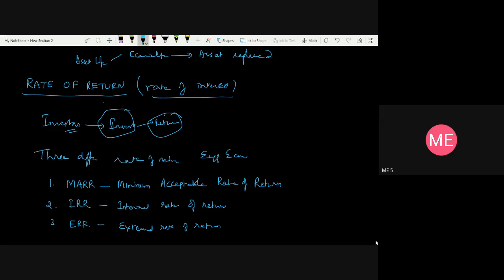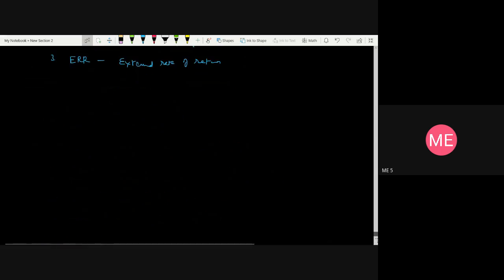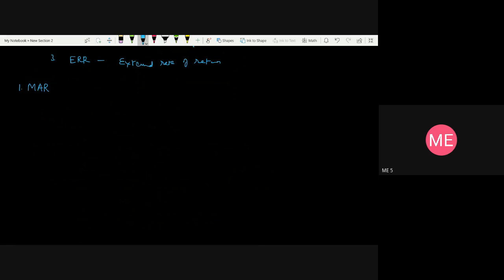This is the rate of interest which is set by an organization. MARR, the minimum acceptable rate of return, is set by the organization to designate: I am expecting at least this much rate of return. The organization sets the minimum rate of return which it has to get to earn a small portion of profit.